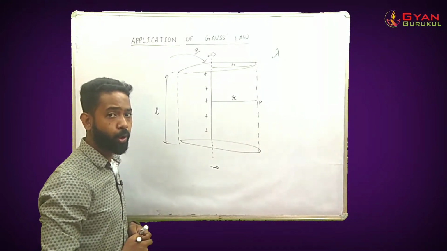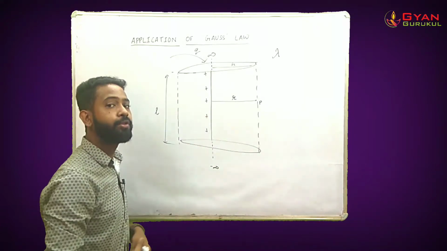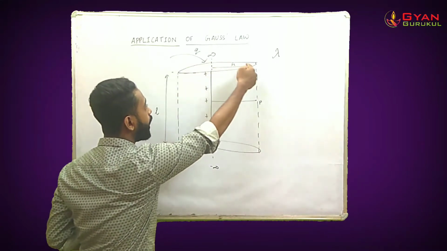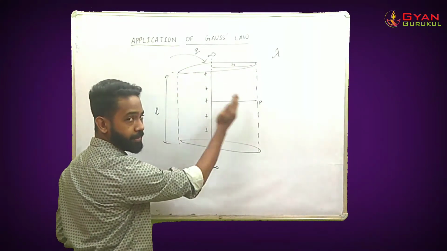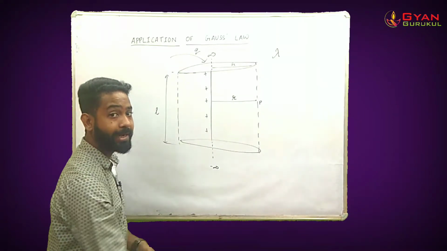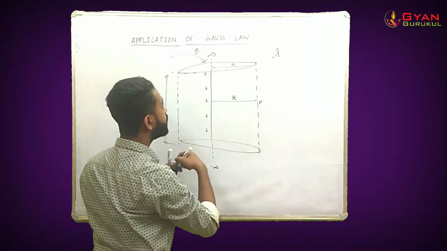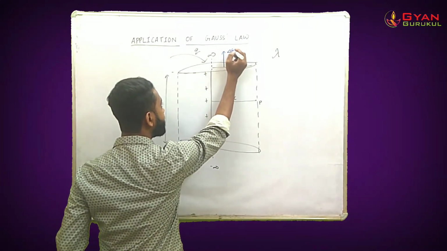Now whenever we are talking about the cylinder, it consists of three surfaces, right? There will be two circular surfaces, the upper surface and the lower surface, and there will be one curved surface. Now if I need to draw the area vectors for the three surfaces, the area vector for the upper circular surface would be in this direction. Let me take it as delta S1.